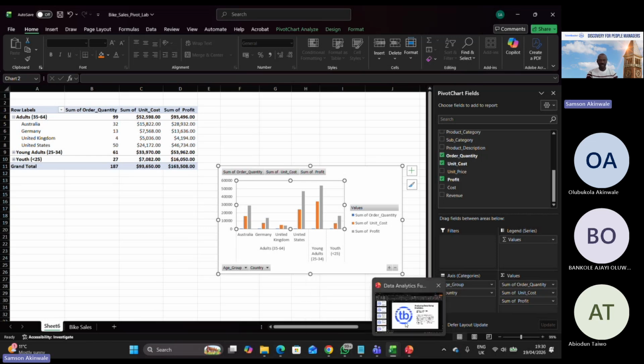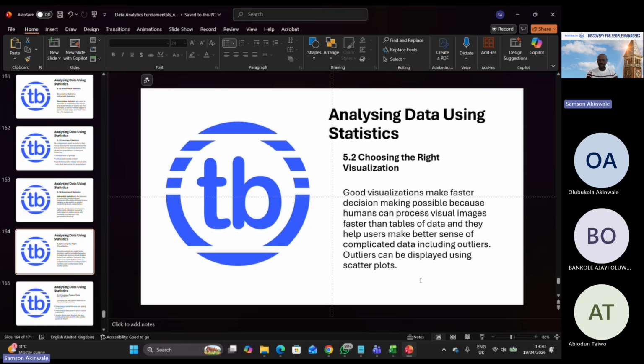So finally, complicated data including outliers. Outliers can be displayed using scatter plots. Outliers are things that are not following the trend. For instance, if you are watching the sales of a particular product in a particular department on a weekly basis, and the sales is 50.